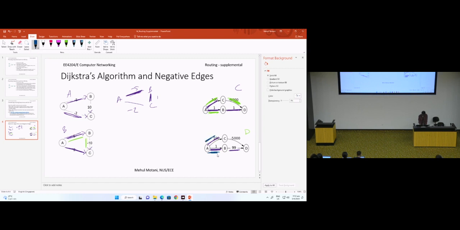Because remember, ABD and AC have the same cost. So now, I'm going to choose that. So it turns out in this case, Dijkstra may or may not give you the right answer. It comes down to how you break the tie. Okay?